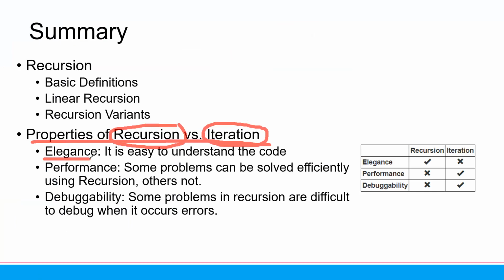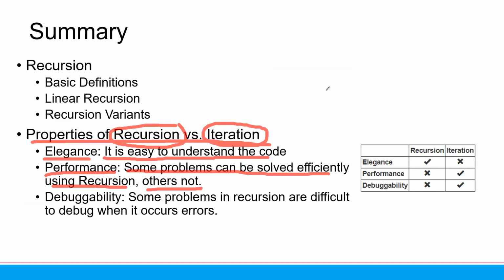First, it is elegance. Elegance means it is easy to understand the code. Later on, some of the code will require recursion. The performance: some problems can be solved efficiently using recursion, and others not.